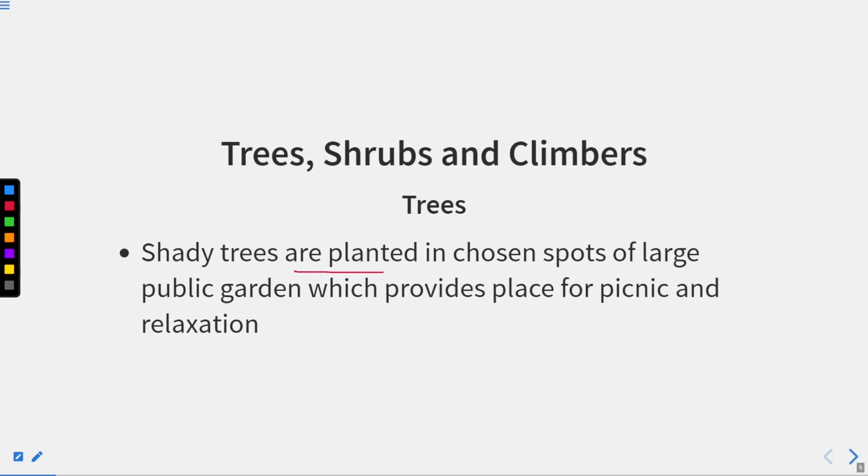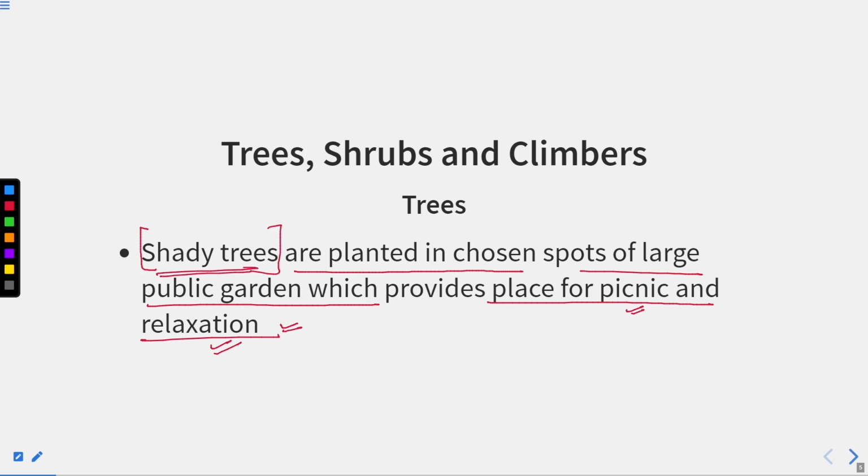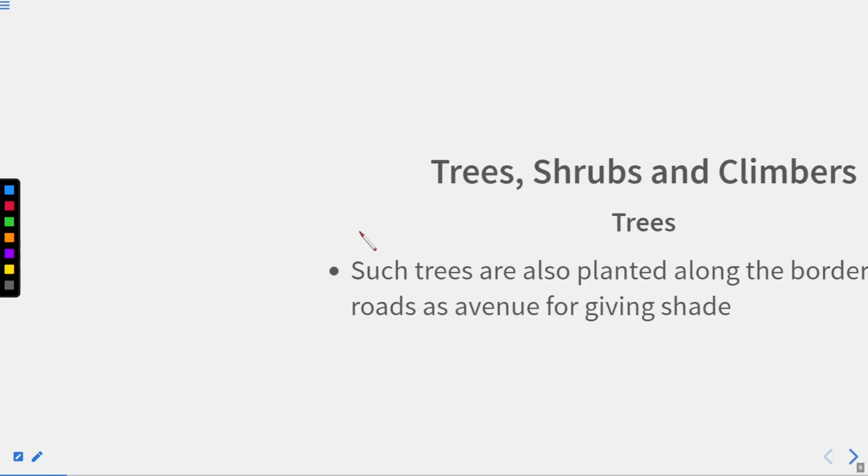Shady trees are planted in chosen spots of a large public garden, which provide places for picnic and relaxation. So generally in a garden that is used for picnic or relaxation, we opt to have shady trees, the trees that have a big canopy, so that they can provide you shade, right?